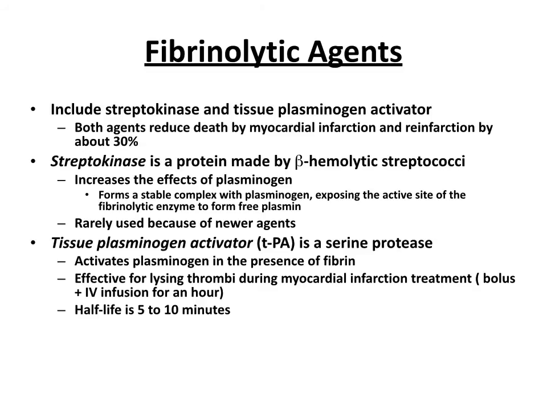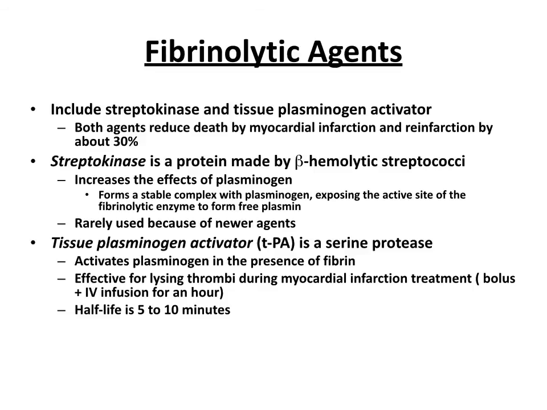What it does is form a stable complex with plasminogen, exposing the active site of the fibrinolytic enzyme to form free plasmin. So you're stimulating breakdown of clots this way. Streptokinase doesn't really get used, but it was one of the initial ones, so we bring it up.